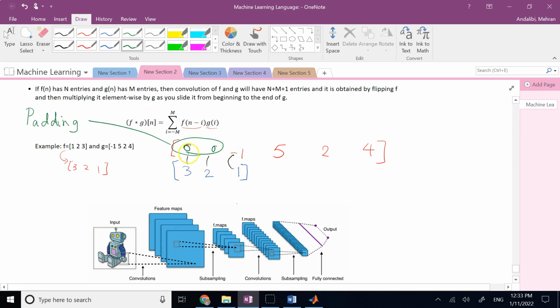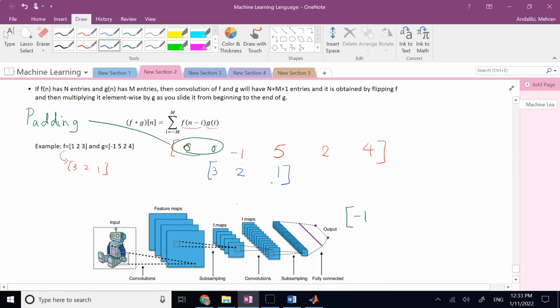Now what's the result? If you do element-wise product of the filter by these 3 elements, the result is definitely -1. So the first thing you will get is -1. Then you slide this guy 1 unit to the right. So now you will get 3, 2, and 1 here.